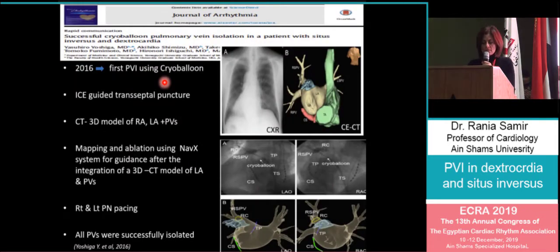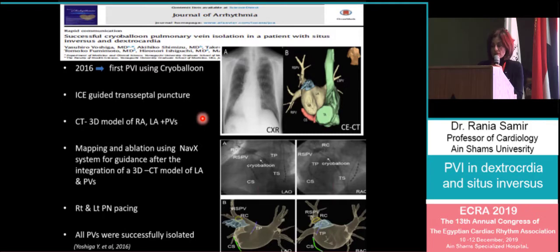In the year 2016, that's the year of the first report about pulmonary vein isolation using cryoablation. And in this procedure, they used intracardiac echo to guide them through their transseptal puncture, a single transseptal puncture.